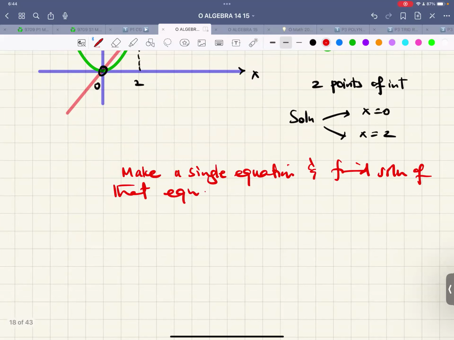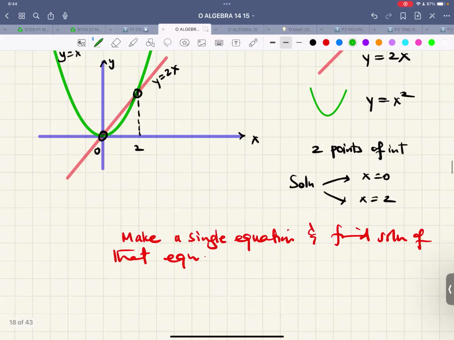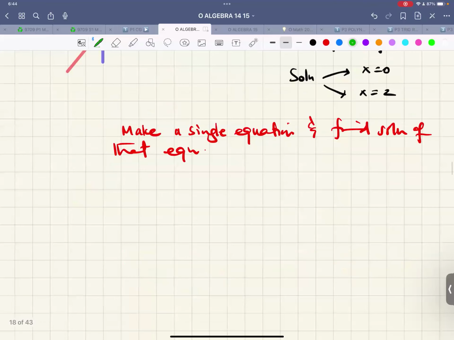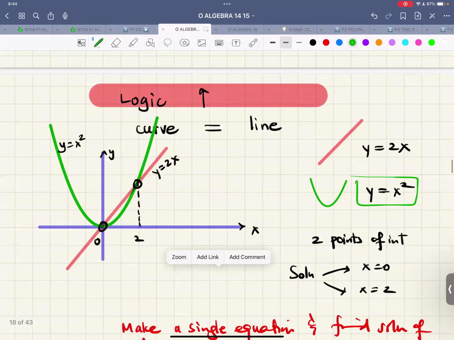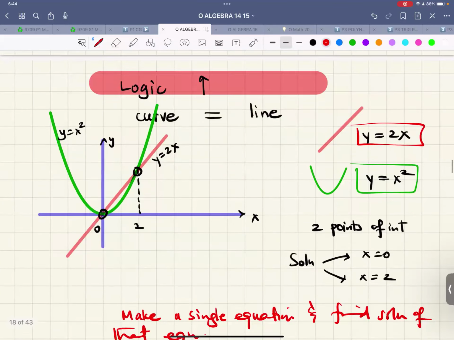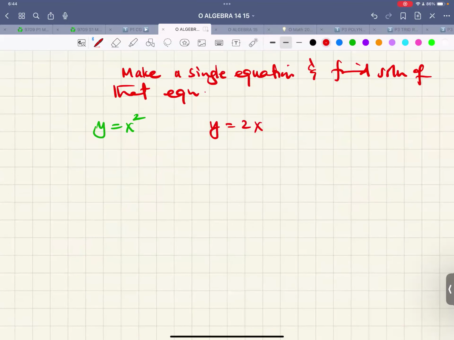So I have the equation of the curve, that is the green one, y equals x squared. I have the equation of the red line, which is y equals 2x.